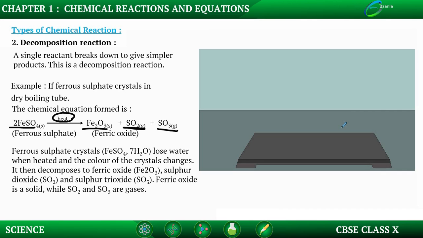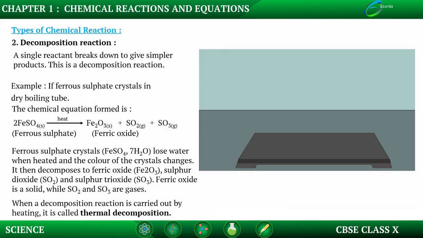It then decomposes to ferric oxide, sulfur dioxide and sulfur trioxide, where ferric oxide is in solid state, and sulfur dioxide and sulfur trioxide are in gaseous state. When a decomposition reaction is carried out by heating, it is called thermal decomposition.